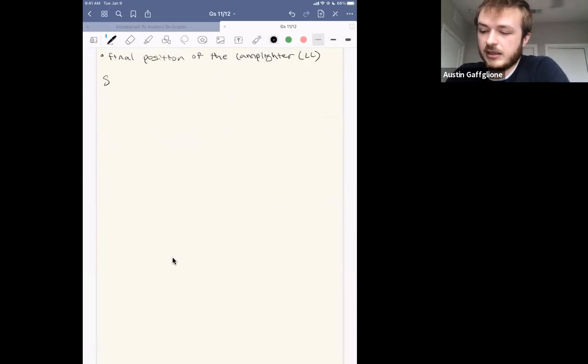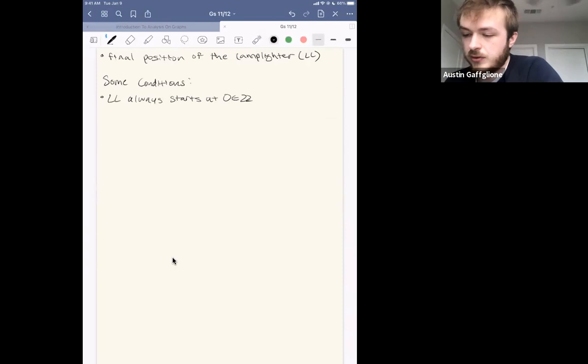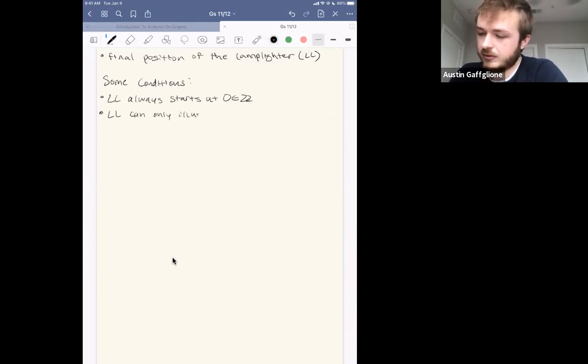So some conditions. The first condition is the lamplighter, abbreviated as LL, always starts at 0. And then I also have that the lamplighter can only illuminate a finite number of bulbs.